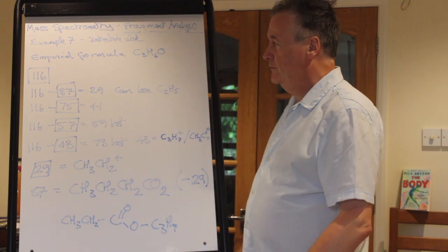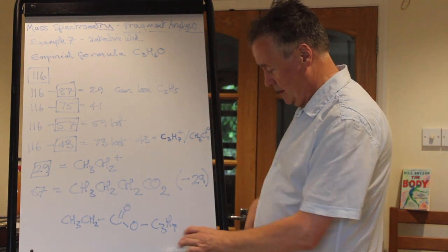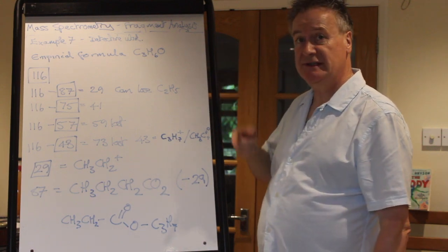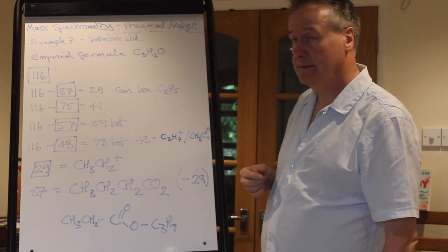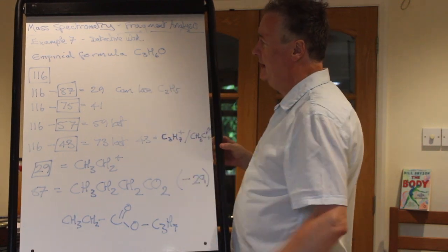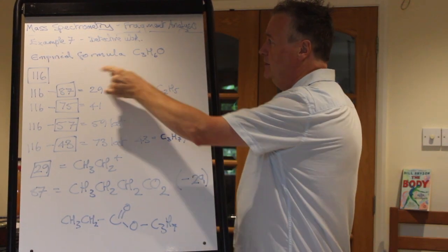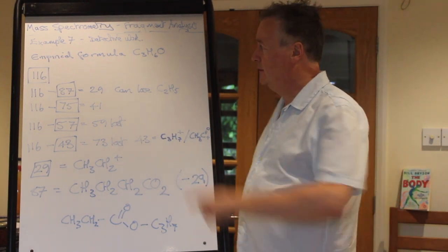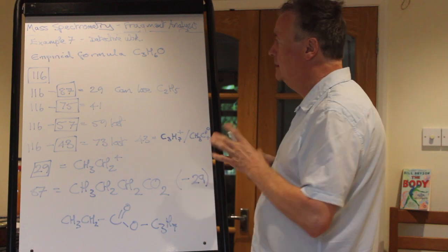Important peaks that you should have picked up are in a box. 116 is the molecular ion peak. When you look at the formula mass of that, when you double it, it's 116. So that tells you what the molecular formula is.